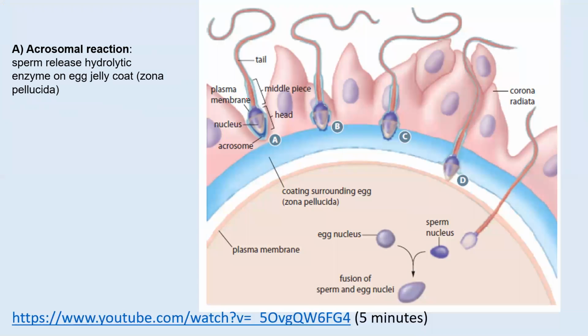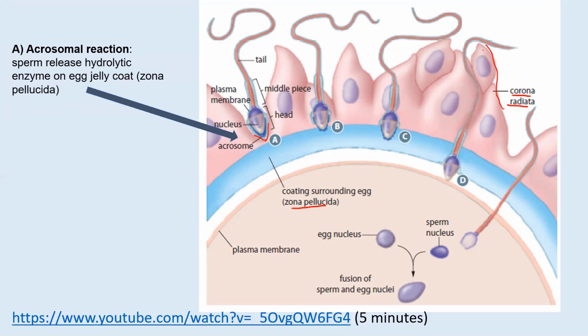So the key part is the acrosome. Remember, that is the part of the head of the nucleus that actually wiggles in and embeds itself and releases enzymes on the jelly coat, the zona pellucida. So here's the zona pellucida. Outside is the corona radiata, corona meaning crown.